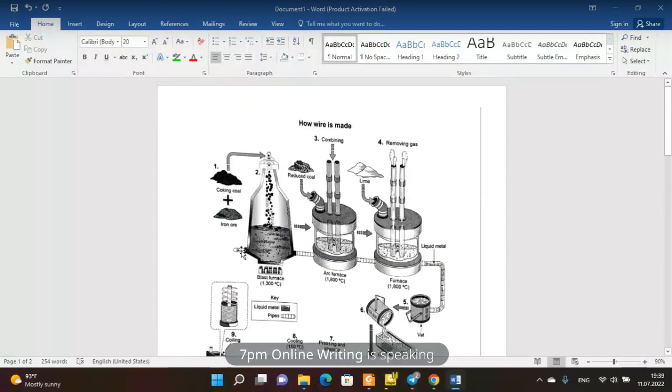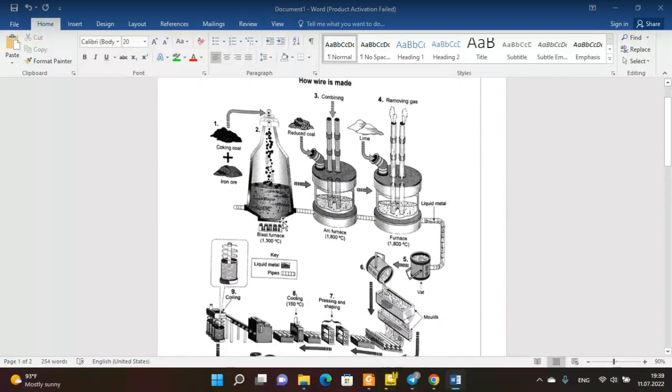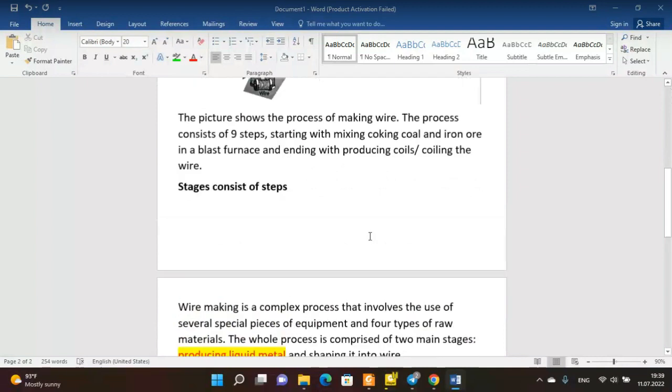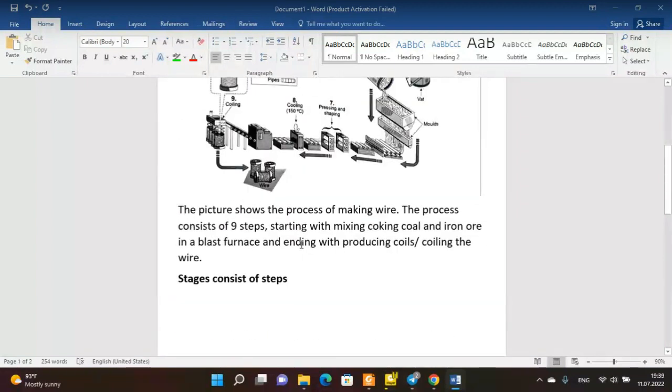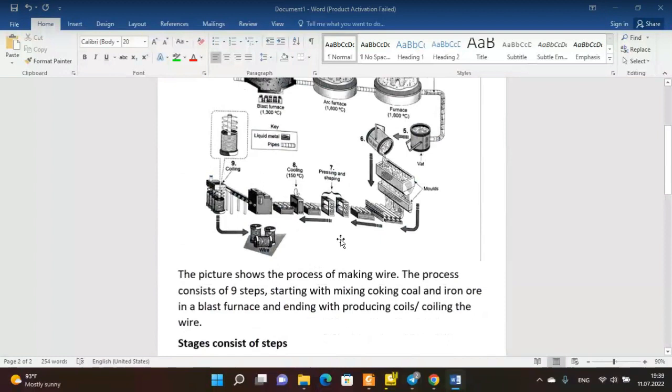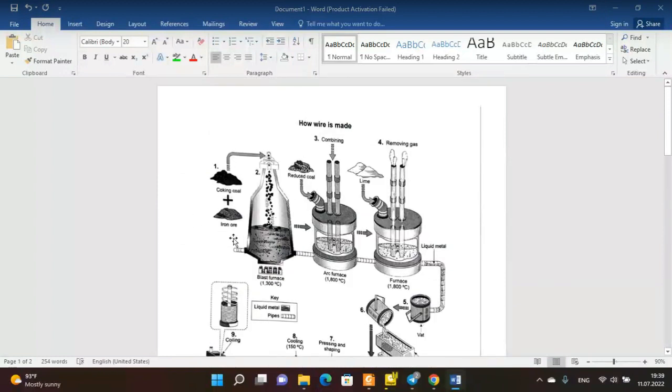Because I think another good thing about going this way, as opposed to this way, is that here you have to mention each step. If you say 9 steps, you have to have 9 steps in your body paragraph. And here we say 2 main stages, and then we can sometimes skip the not very important ones, or combine, maybe not skip, but combine 1 or 2 stages.